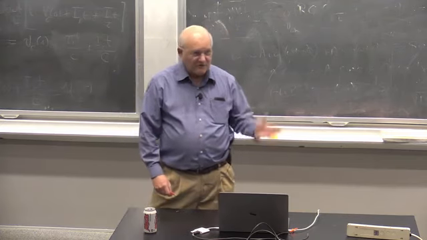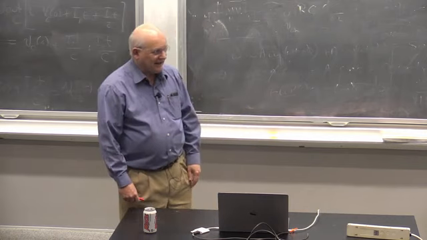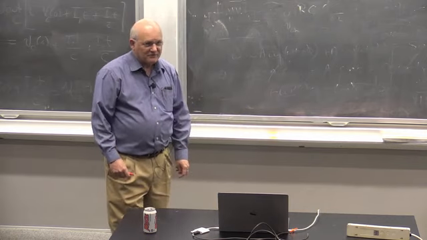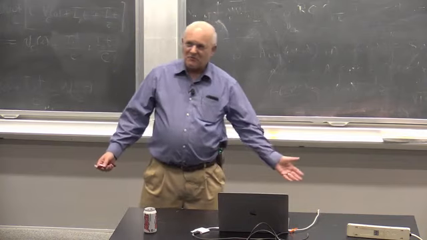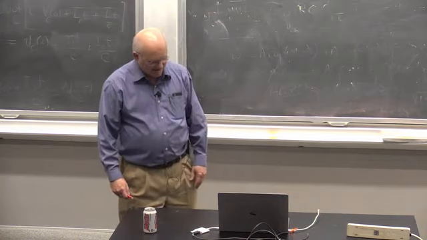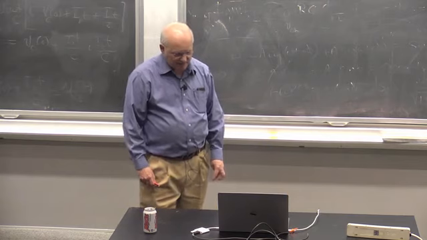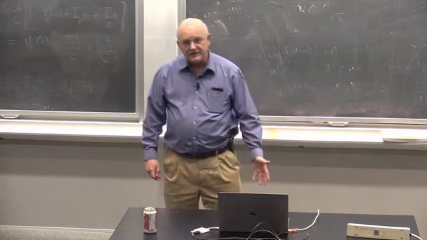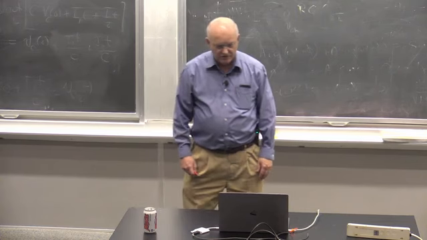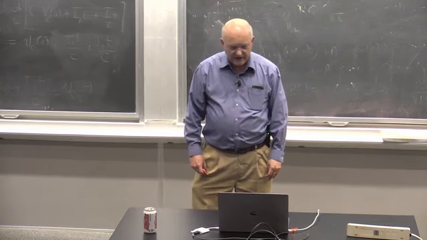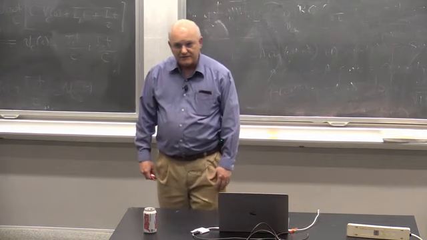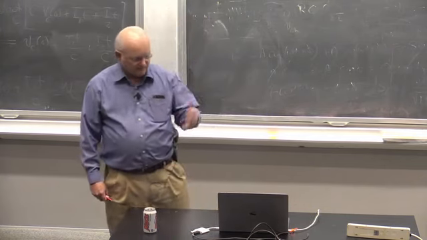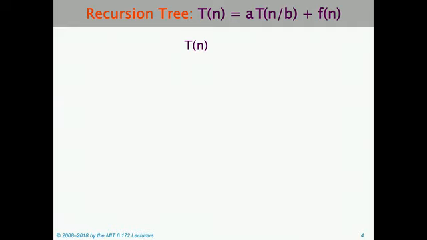Okay. Well, we're going to review it anyway, because I don't like to just assume and then leave 20% of you, or more, or less, left behind in the woods. So let's just remind ourselves of what this means. So it's easy to understand this in terms of a recursion tree. Okay, I start out, and the idea of a recursion tree is to take the running time here and to re-express it using the recurrence.